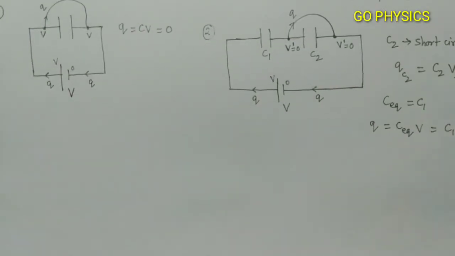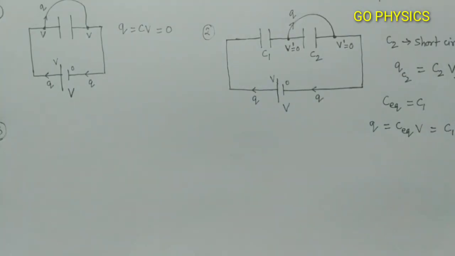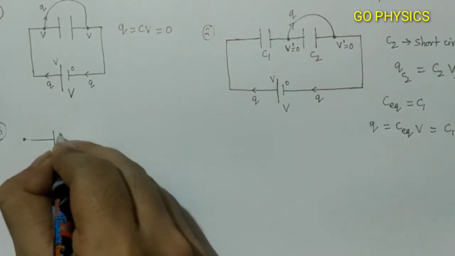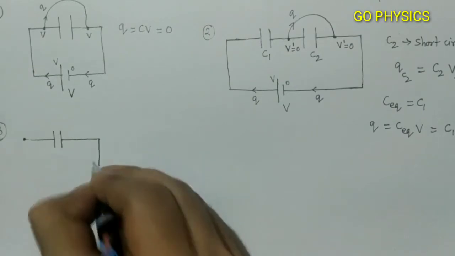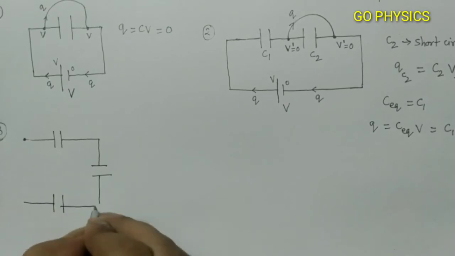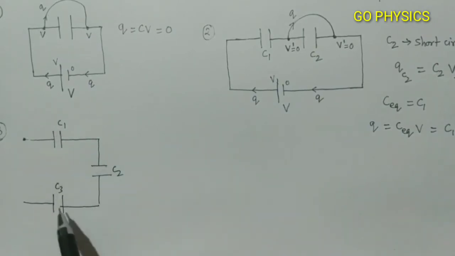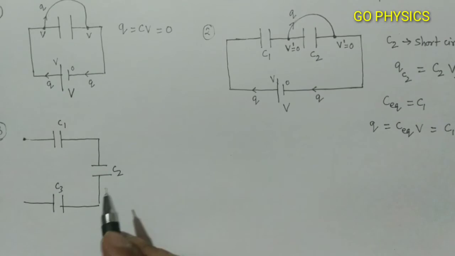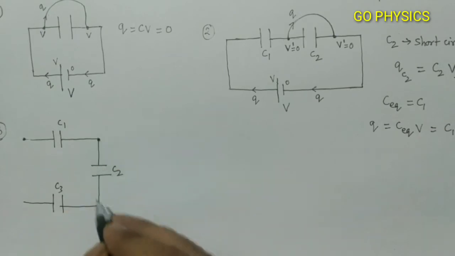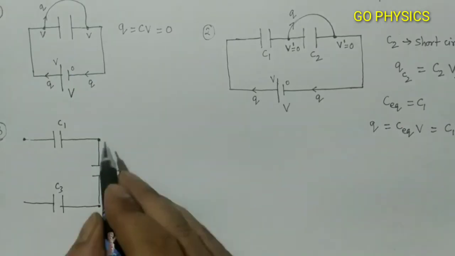So now I am taking the case when there are 3 capacitors. Let us consider we have this situation. Right now C1, C2, C3 are in series, but if I make a connection, that is, if I connect these two ends with the help of a wire, suppose I am making the wire like this.